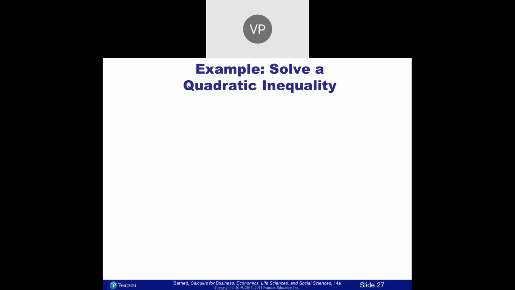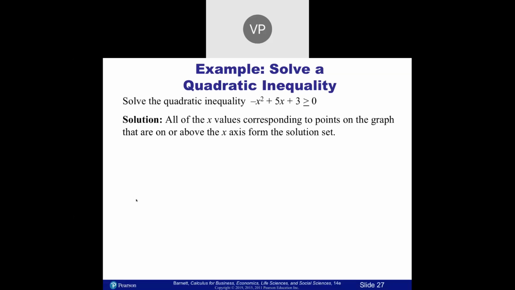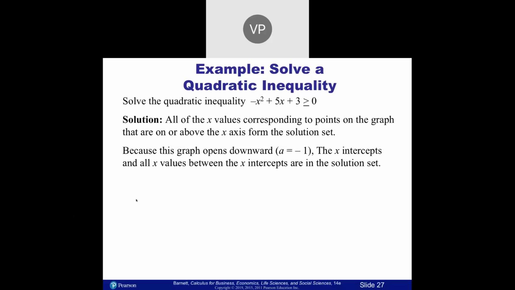Okay, so now we're going to talk about solving an inequality. You get a typical quadratic inequality, I should say. You get something like this. The first trick is we're trying to find out where that quadratic function is greater than 0. If you think about it, that is an equation of a parabola still, and this a value in front is a -1, so that's why they're saying a is -1.